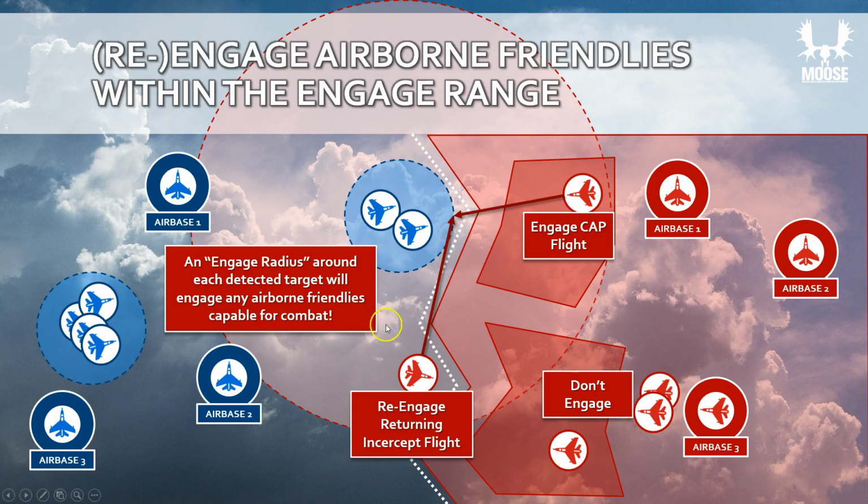There is an important parameter, that is the engage radius, which is a circle or a radius around each intruder area that has been detected by the EWR network. And control air patrols can be commanded when they are within that circle to be engaging those intruders.